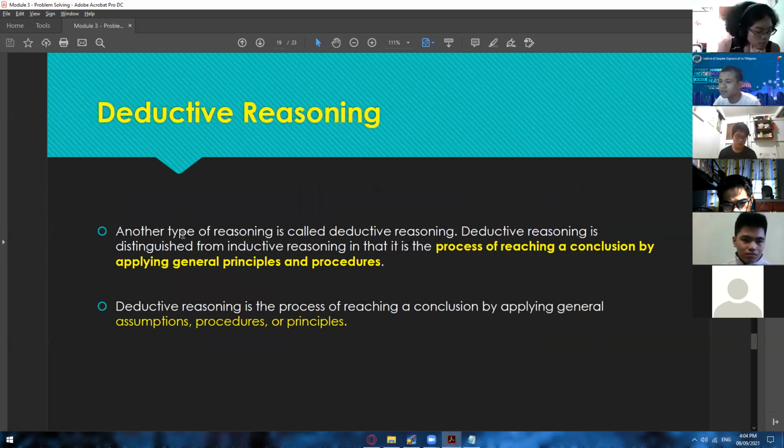Okay, so let's now proceed to deductive reasoning. The main difference between inductive and deductive reasoning is that even if you don't have any data, as long as you have principles or procedures which are already approved by everyone, or most of the people around the earth, since that's already a common phenomenon, you will be able to get the correct answer.